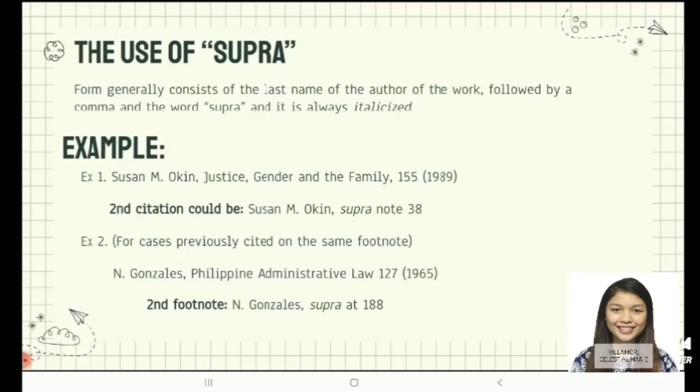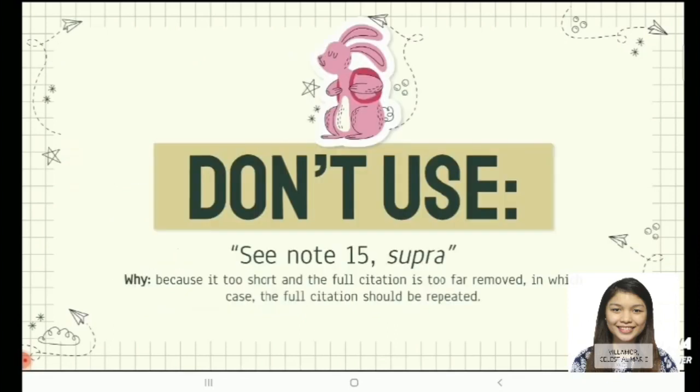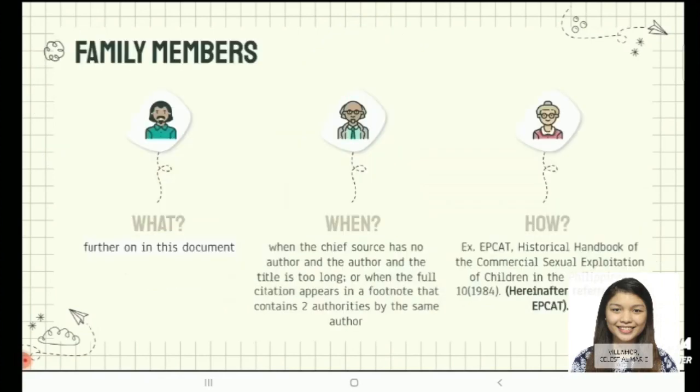So the use of hereinafter. What is hereinafter? It means that it is further on in this document. When do we use it? When the chief source has no author and the title is too long, or when the full citation appears in a footnote that contains two authorities by the same author.